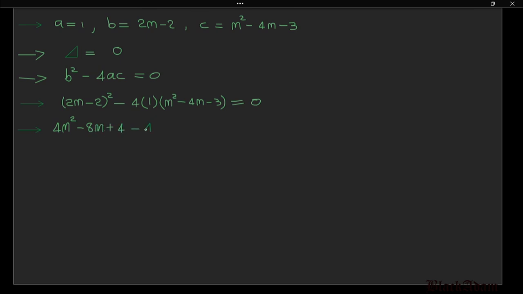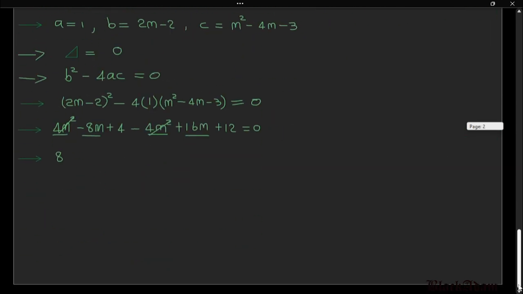Then we have negative 4m squared plus 16m plus 12. So 4m squared cancels, so the m terms become 8m, and then 4 plus 12 is 16, and all of that equals 0.